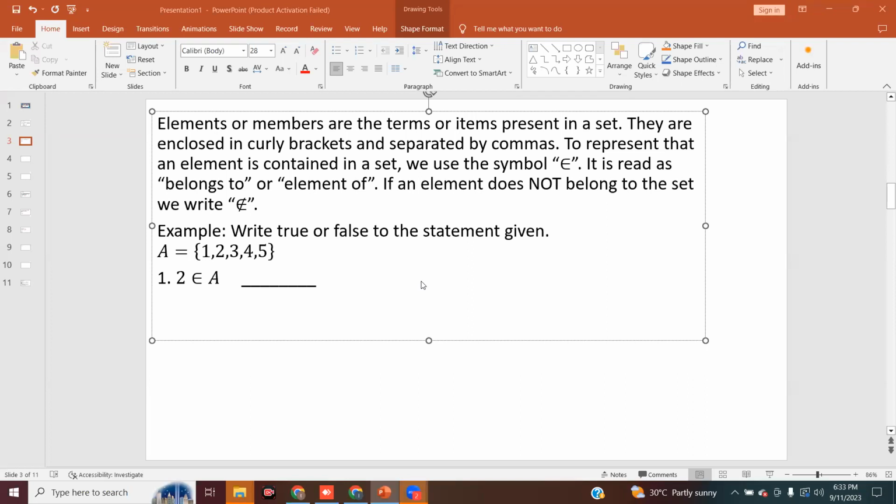Mr. Petit, explain to me why you put true. I put true because 2 is in the elements of A. Very good. 2 is inside or 2 belongs to the set A. Bailey, why did you put true?